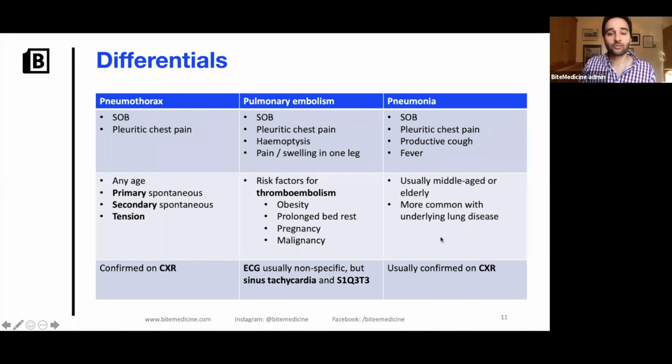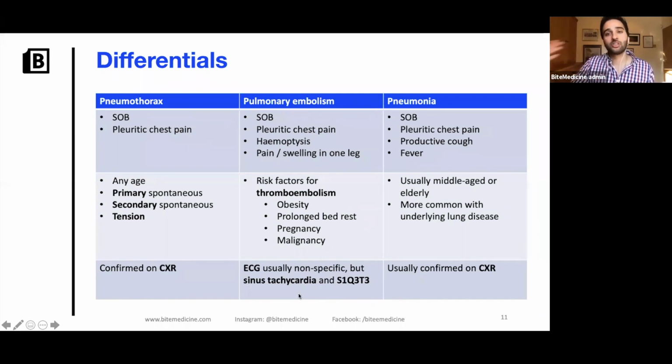In terms of the background of the patient, PE, which we're going to talk about in the next case, you're often going to have specific risk factors, whereas in pneumonia, often middle-aged or elderly patients with some degree of underlying lung pathology in some cases. And then finally, for PE, ECG will show non-specific changes.